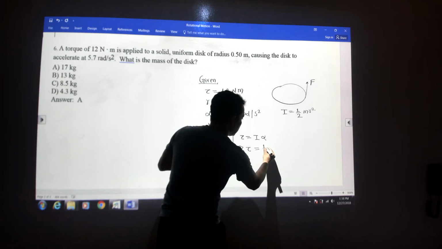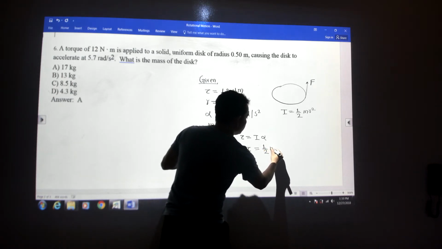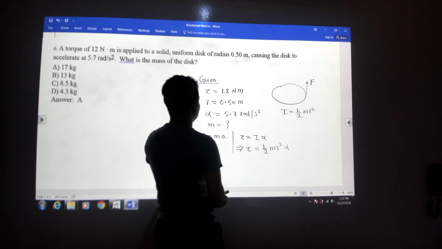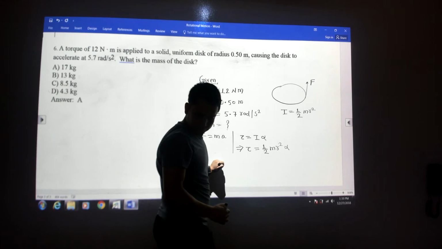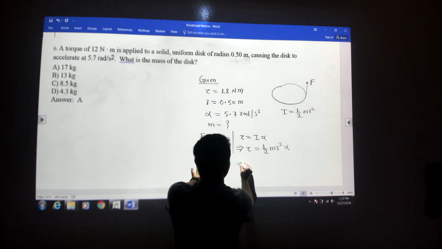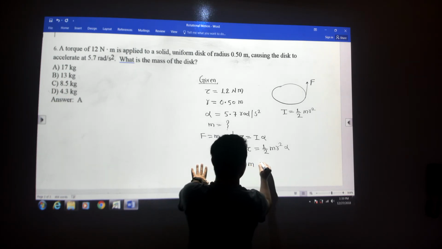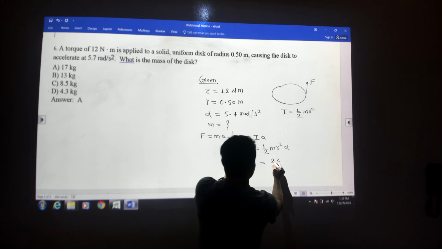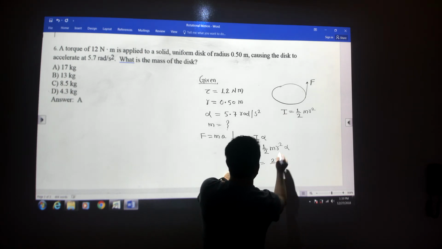So just plug in the value here, half mr squared times alpha, and you need to find out the mass. So the mass can be 2 times torque divided by r squared times alpha.